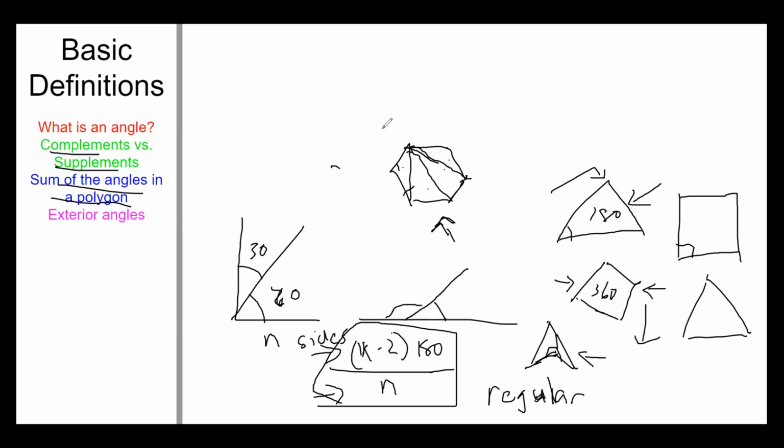Okay, and the last part is exterior angles. With exterior angles, if I go back to the example hexagon and you extend out the sides like this, these outside angles that I'm labeling right now are called the exterior angles.